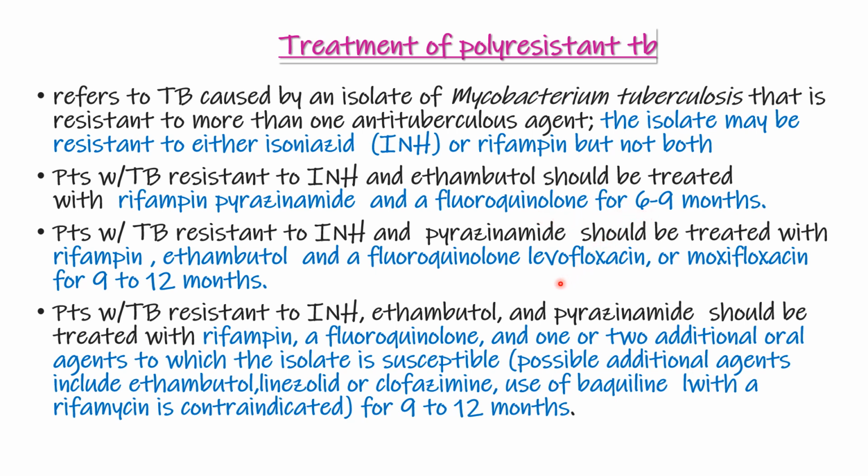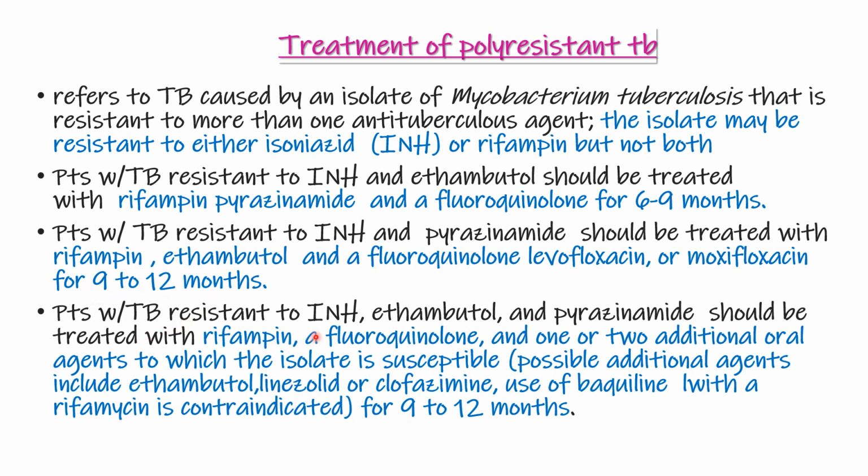Patients with isoniazid and pyrazinamide resistance should be treated with rifampin, ethambutol, and a fluoroquinolone, either levofloxacin or moxifloxacin, for 9 to 12 months. So when you have resistance to pyrazinamide, you just remove it, add a fluoroquinolone, and lengthen the period to 9 to 12 months.